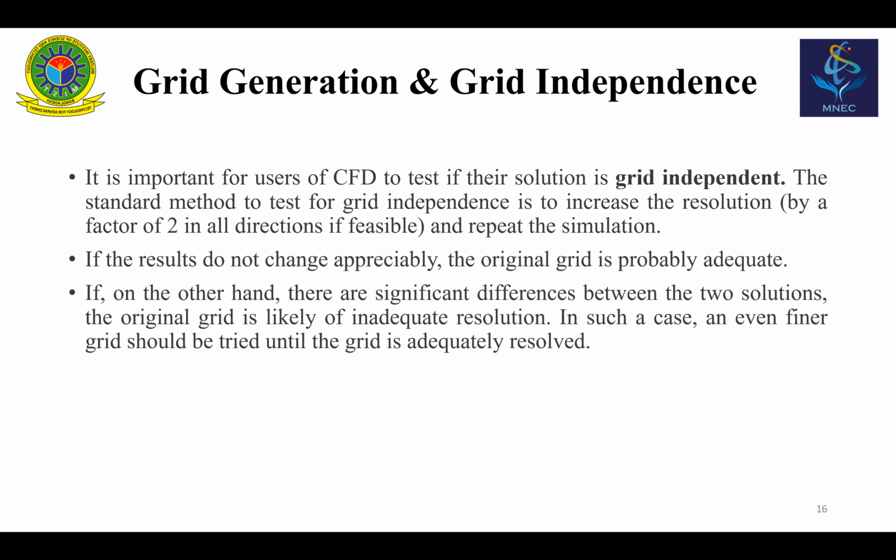So in both cases your solution is converged, but your desired value is fluctuating, it's changing. Then you increase the nodes to 70,000, and your solution is still converged, but you get a pressure drop value of 30 Pascal.